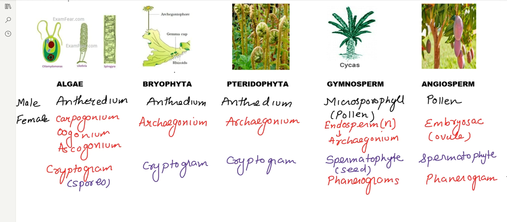Now, talking about algae, bryophyta, pteridophyta, gymnosperm, and angiosperm, during sexual reproduction we talk about something known as meiospore. Meiospore is present in algae, and this had continued even to angiosperm, which means this property is one of the advanced properties which is present till today.